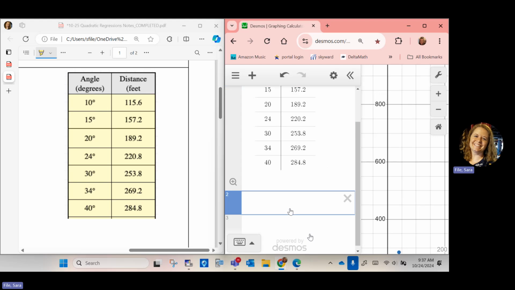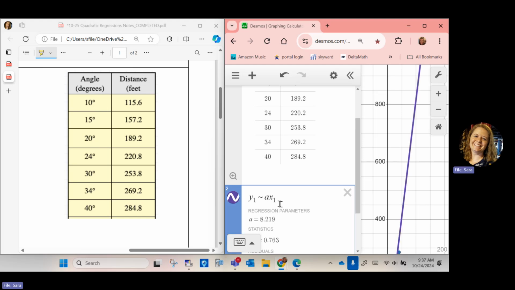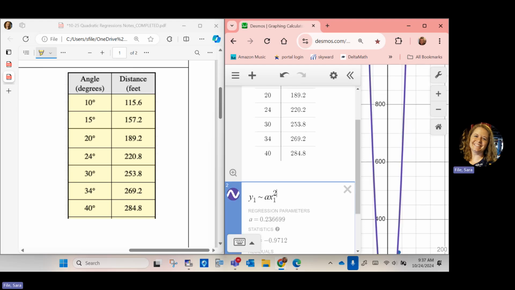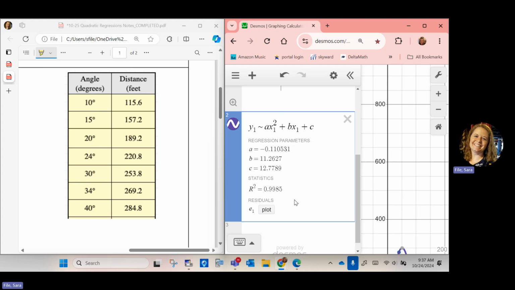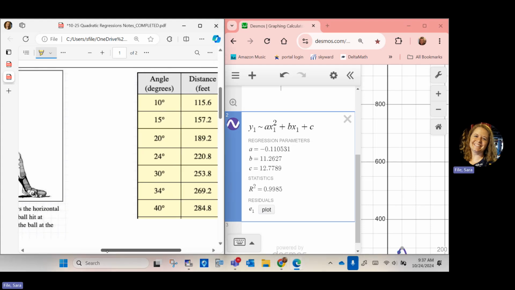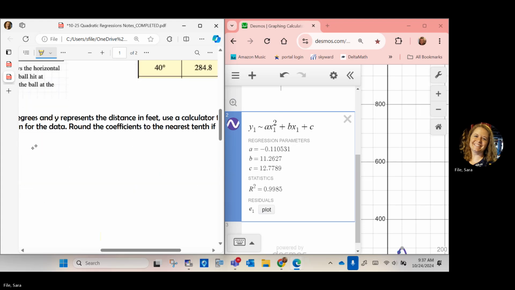Now I'm going to type in y1 tilde ax1 squared plus bx1 plus c. Okay, so I get my A, B, and C. Oops, did not mean to have a highlighter there.